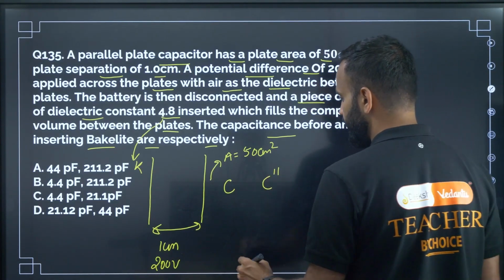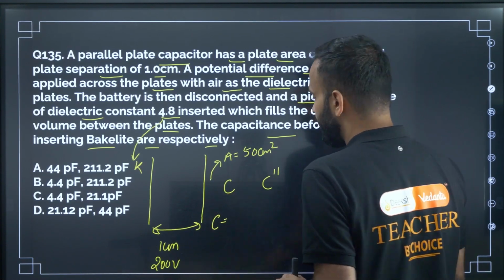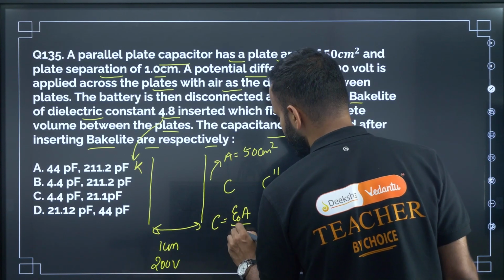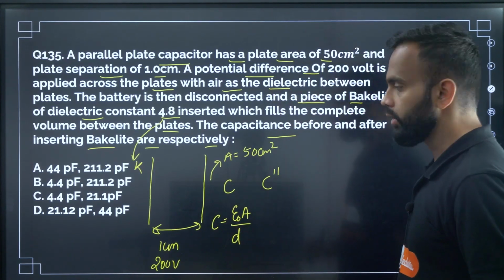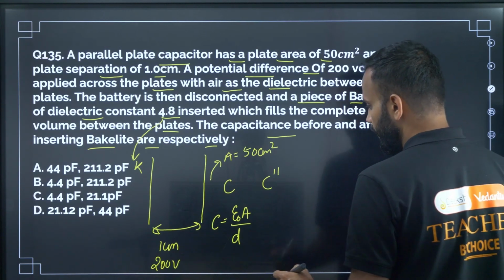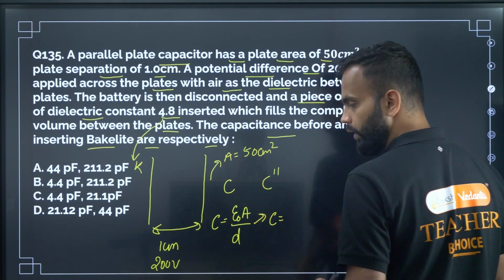Okay, so let us find C, that is the capacitance of the capacitor when there is no dielectric, that is air as a dielectric. So C equal to epsilon naught A divided by D. This is the capacitance formula for parallel plate capacitor, right? Now here C is equal to epsilon naught.